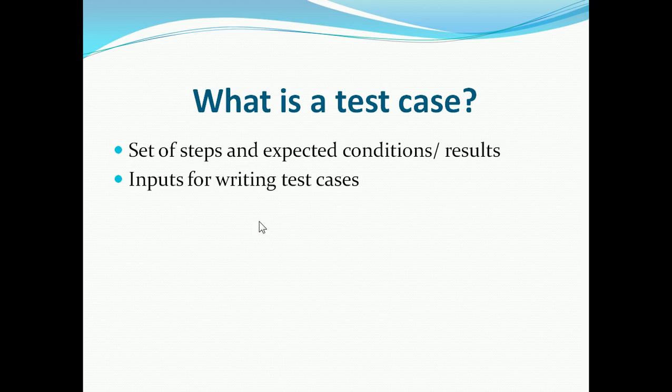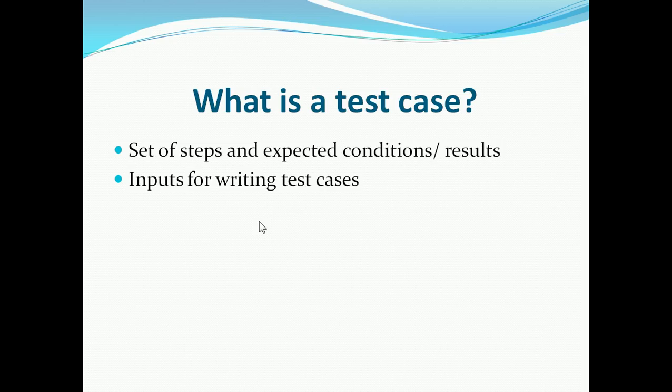use cases, user stories. Also, it is possible that you do not have any documented requirements, but still you can arrive at those requirements by talking to the stakeholders in the project. So these stakeholders are the product owner or the business analyst in the project.